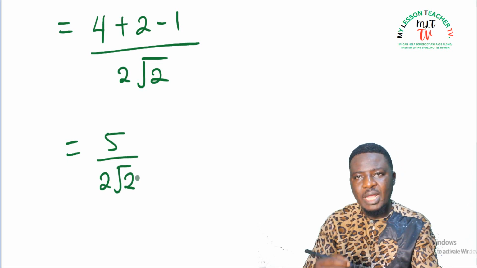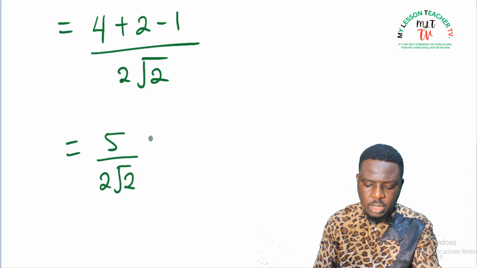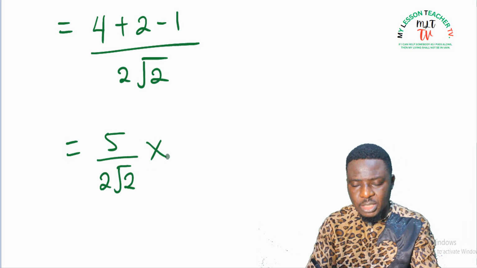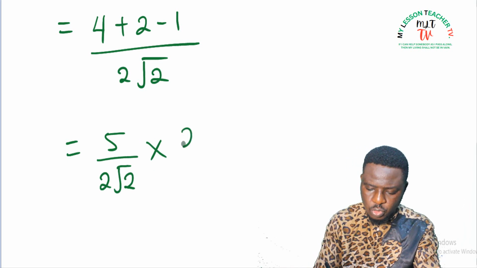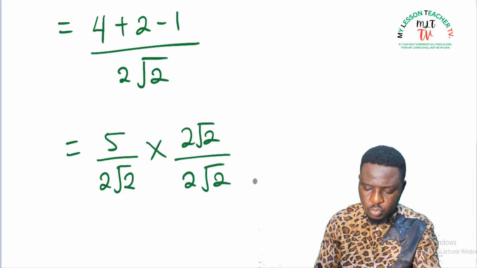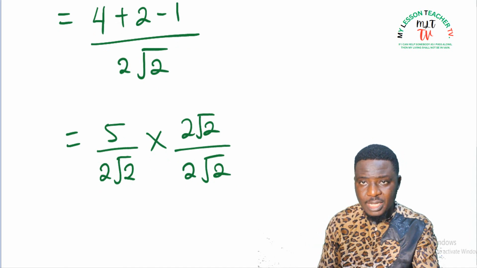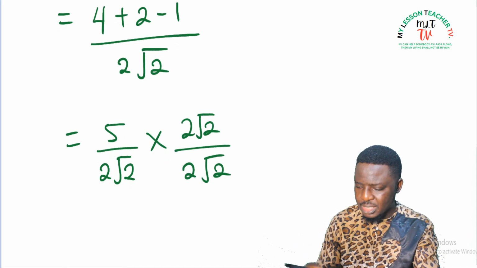At this point, we can now rationalize the denominator, that is by multiplying both the numerator and the denominator by 2 root 2. So we have 2 root 2 divided by 2 root 2. You can as well divide by root 2 only, and it will still rationalize the denominator.